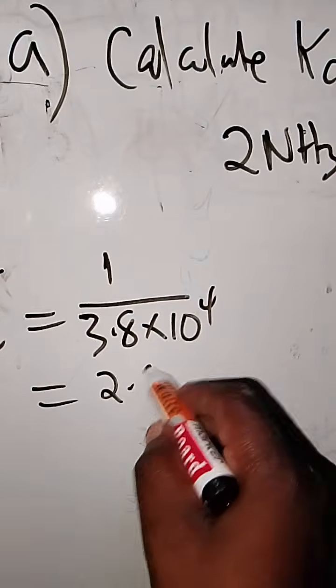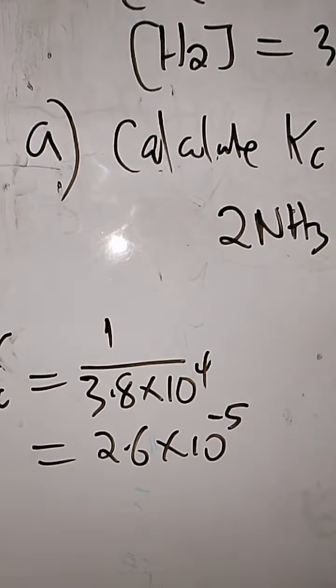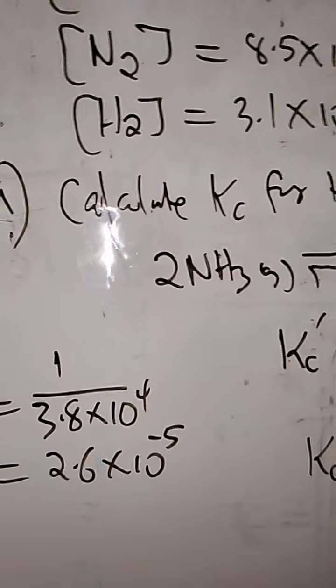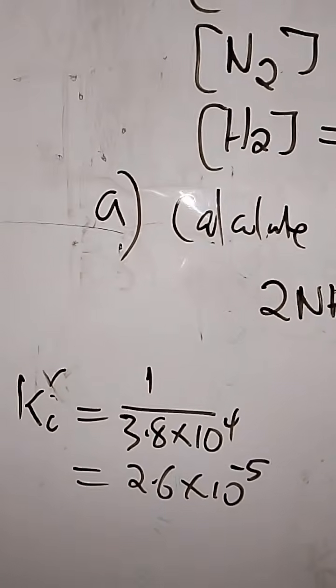You are going to get 2.6 times 10 to the power negative 5. Okay, so that is our Kc in the reverse direction.